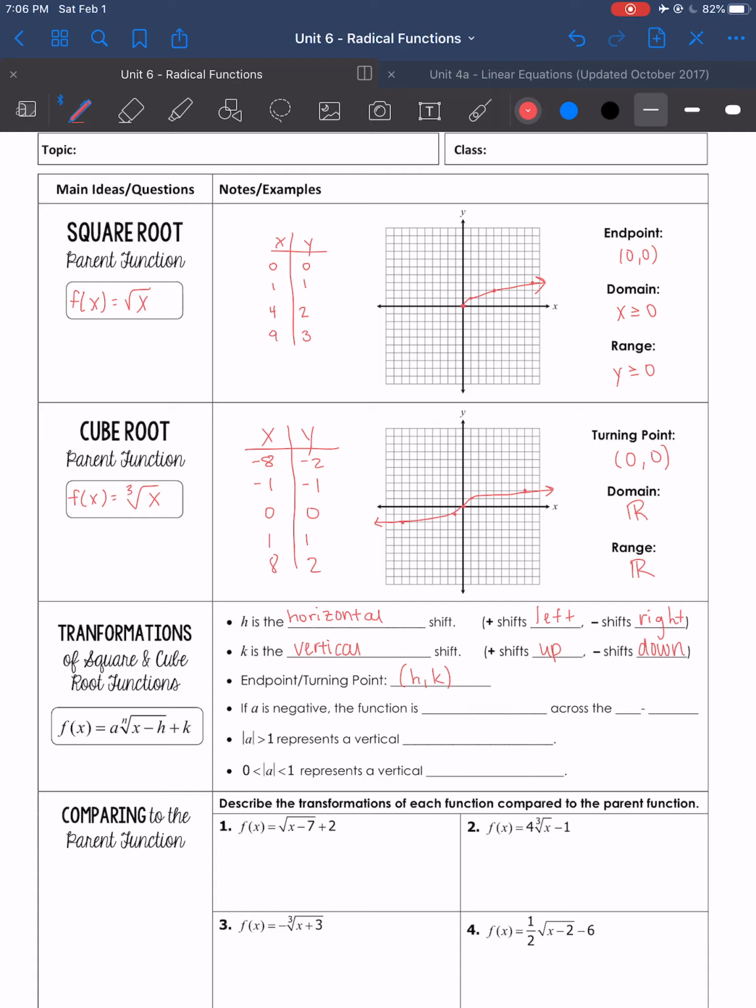We don't have a vertex in these, so if a is negative, the function is reflected across the x-axis. If the absolute value of a is greater than 1, then we have a vertical stretch. And if it's between 0 and 1, we have a vertical compression.